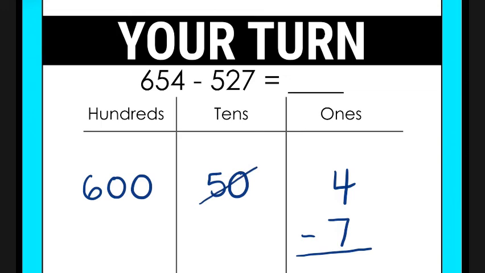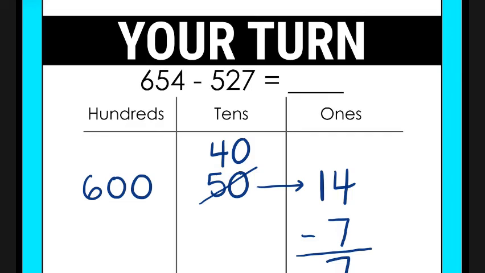So let's borrow one of these tens. Now instead of having 5 tens, I'm only going to have 4 tens. And I'm going to take one of these tens and move it into my ones. So now we have 14 minus 7. What is 14 minus 7? 7. That's one of our doubles facts.